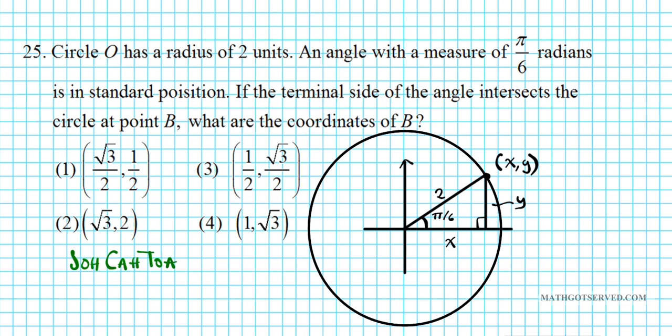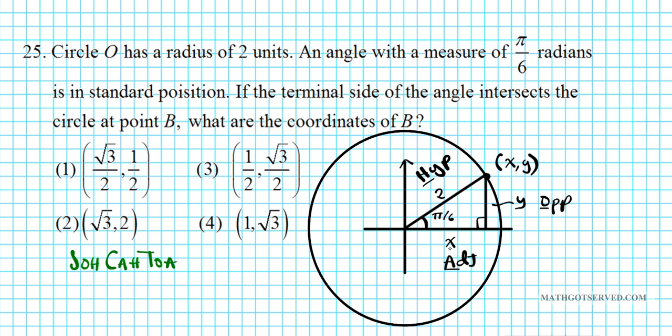So how about we go ahead and find x? If I want to find x, I'm going to use my radius and x. So relative to this angle, this is the opposite. O in Sohcahtoa, this is the hypotenuse. H in Sohcahtoa, and this is the adjacent. A in Sohcahtoa, okay? Since we want to find x, we're going to use A, which we need, and H, which we know.